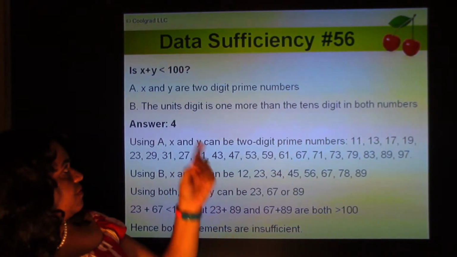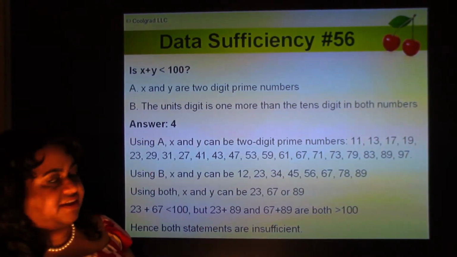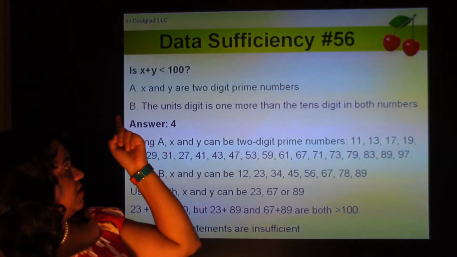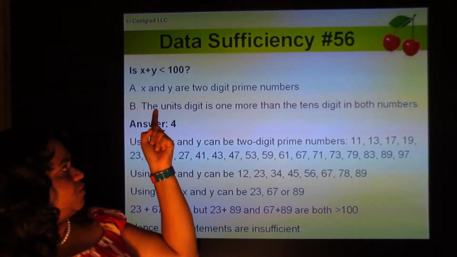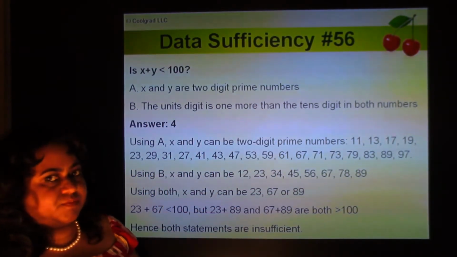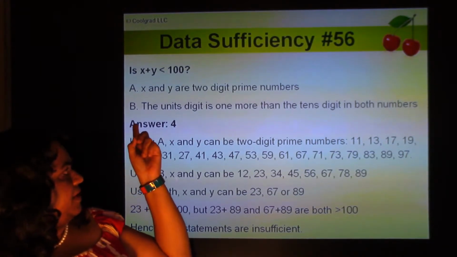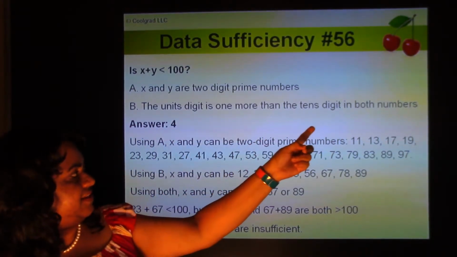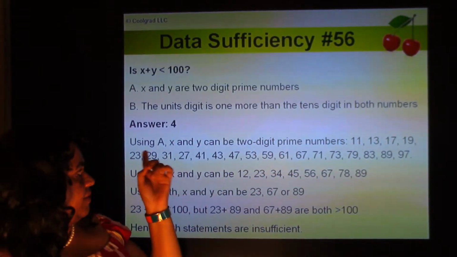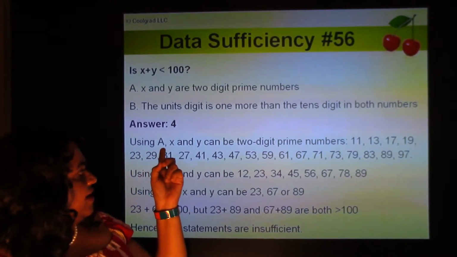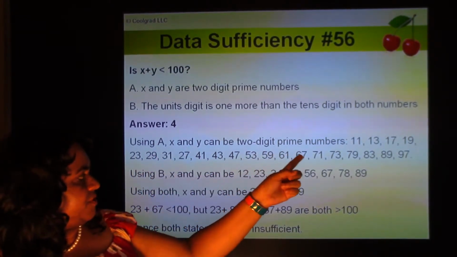Question 56. Is x plus y less than 100? Statement A. x and y are 2-digit prime numbers. Statement B. The units digit is 1 more than the tens digit in both numbers. Using A, x and y can be 2-digit prime numbers.